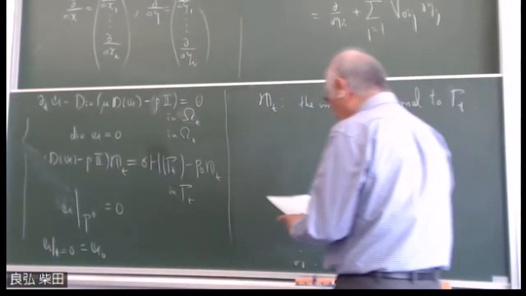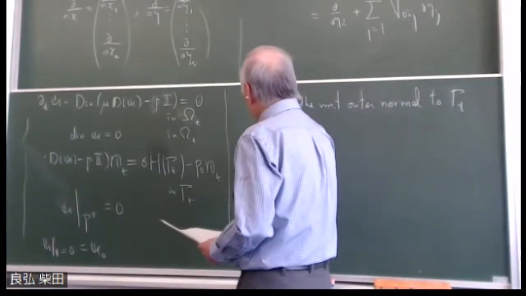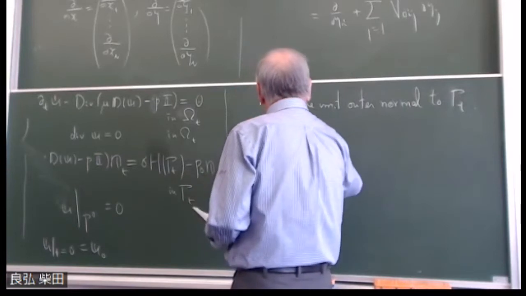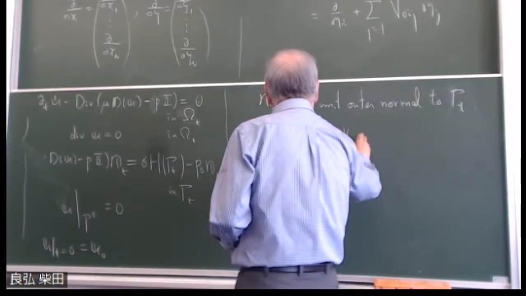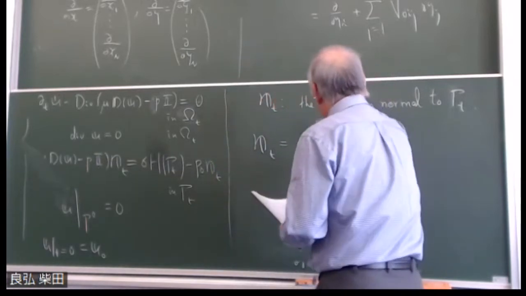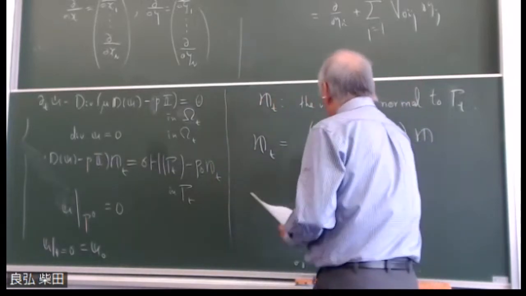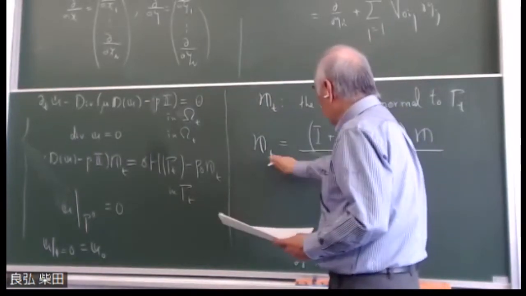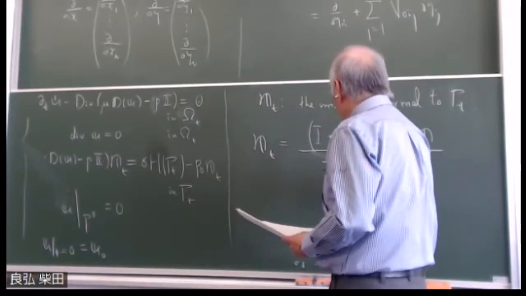And this is given by n_t equal to I plus E0(t), here the transpose, and then of course this is the unit vector.